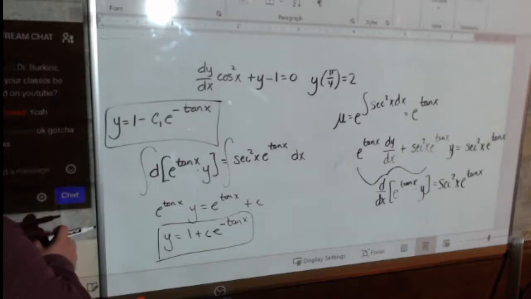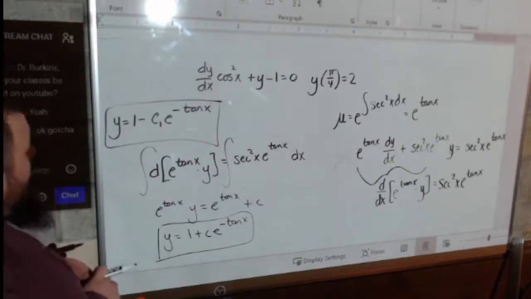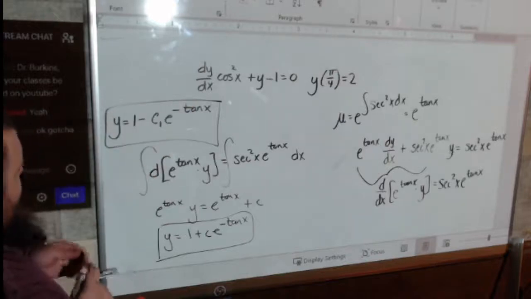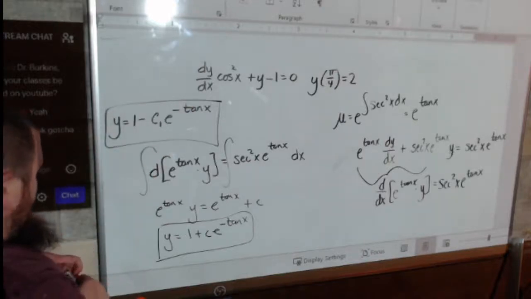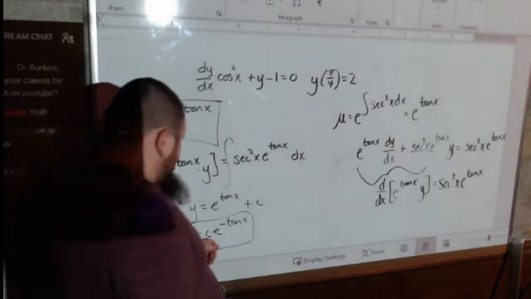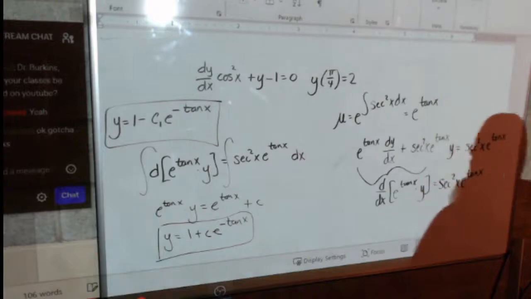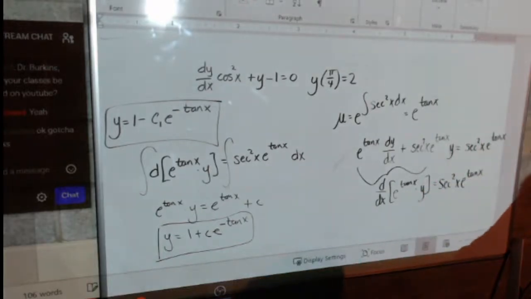So these effectively would be the same thing. Again, I'm not going to worry about plugging that number in there. That's just some basic algebra to solve for C. If there's no questions about this guy, I will move on.